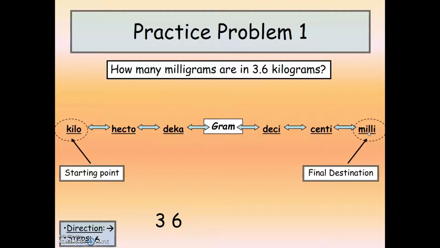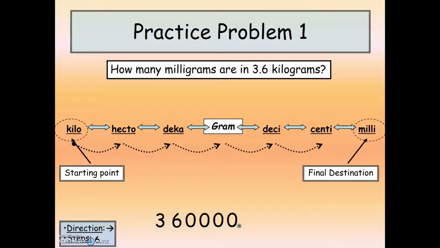So we're going to move our decimal point in the same direction that many hops. 1, 2, 3, 4, 5, and 6. So that's going to give us our final answer of 3,600,000 milligrams.